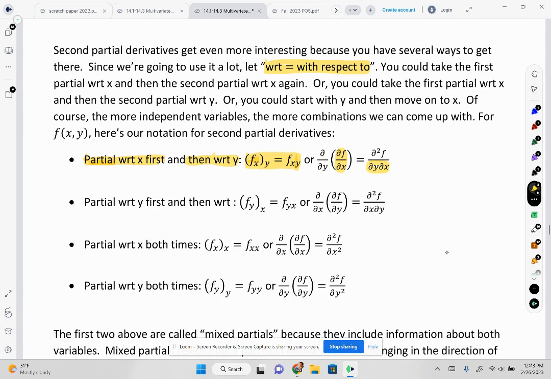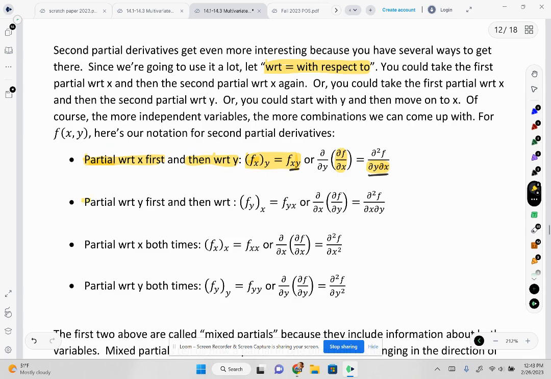It's because the del y comes second and it acts on the left of our function and it stays there. We do not switch the order of the del y and the del x just because we want to. That is literally del y del x. And so the order is different in the different notations. Just notice that, so that you're doing things yourself in the correct order.